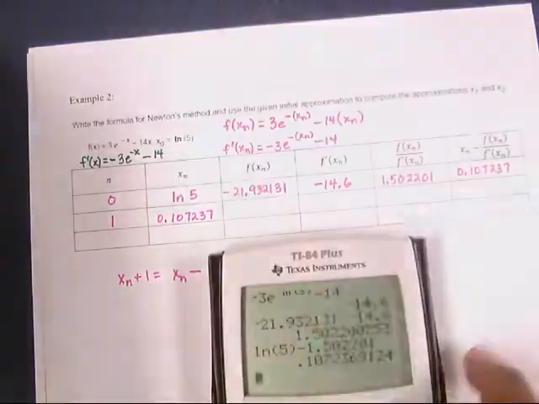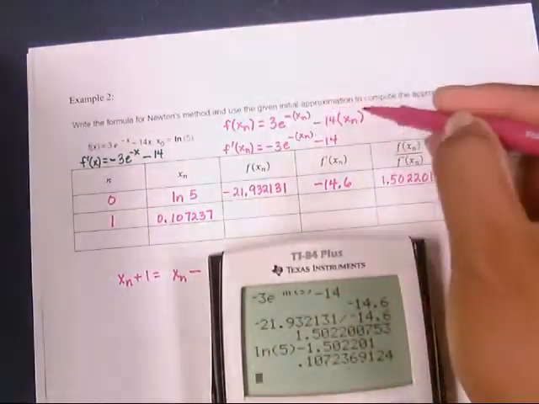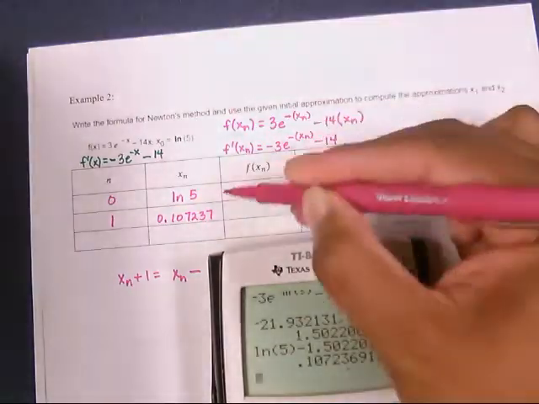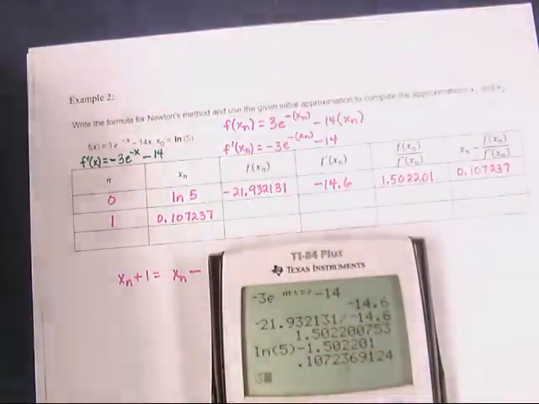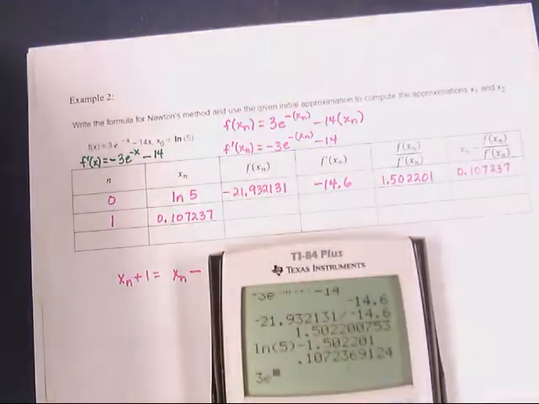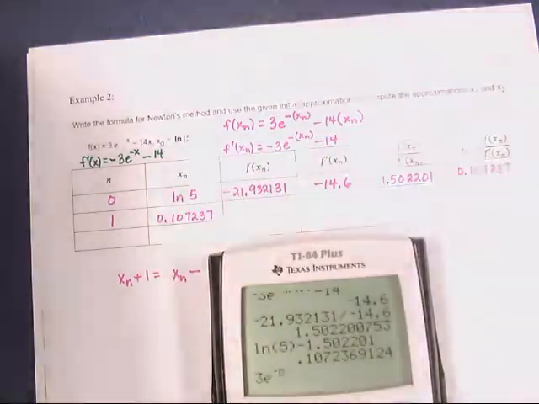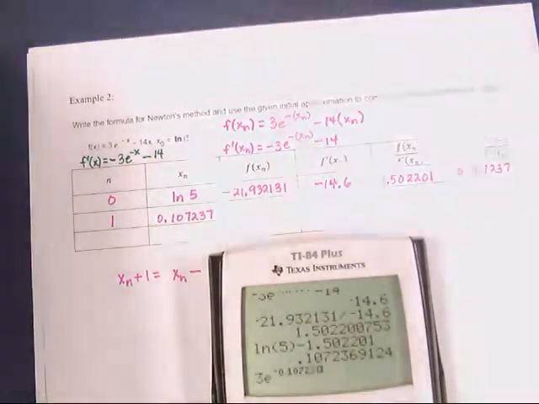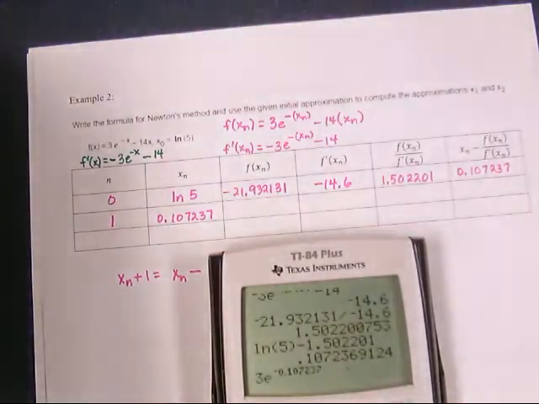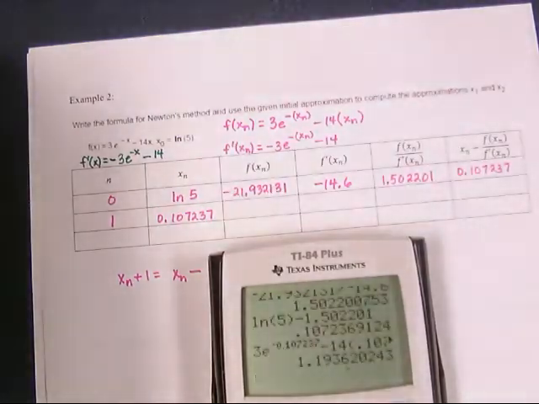Okay. So this is what f of x sub n is equal to. So I'm going to replace the x with that decimal value here. So this will be 3, and then second ln for the e, and that's going to be to the negative x, which is going to be 0.107237, and then I'm going to use my right arrow key or close the parentheses, minus 14 times 0.107237, close parentheses, and then hit enter.